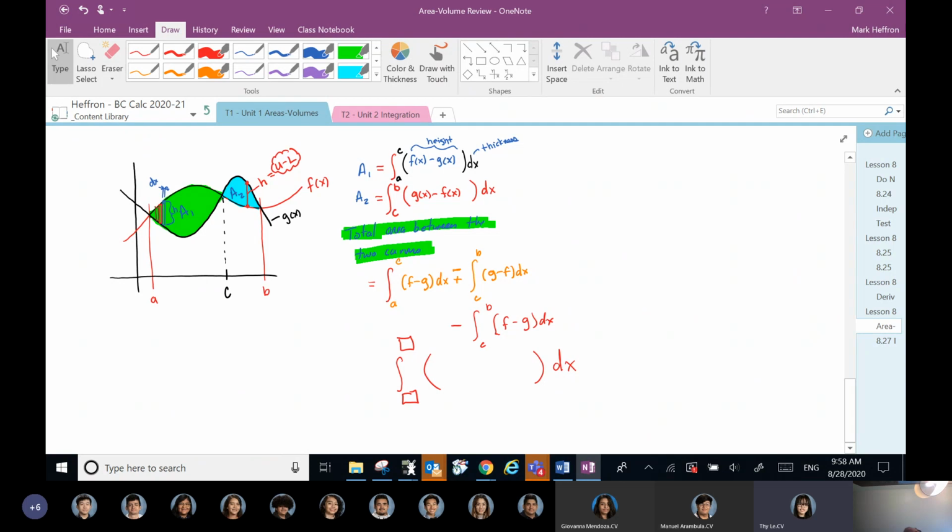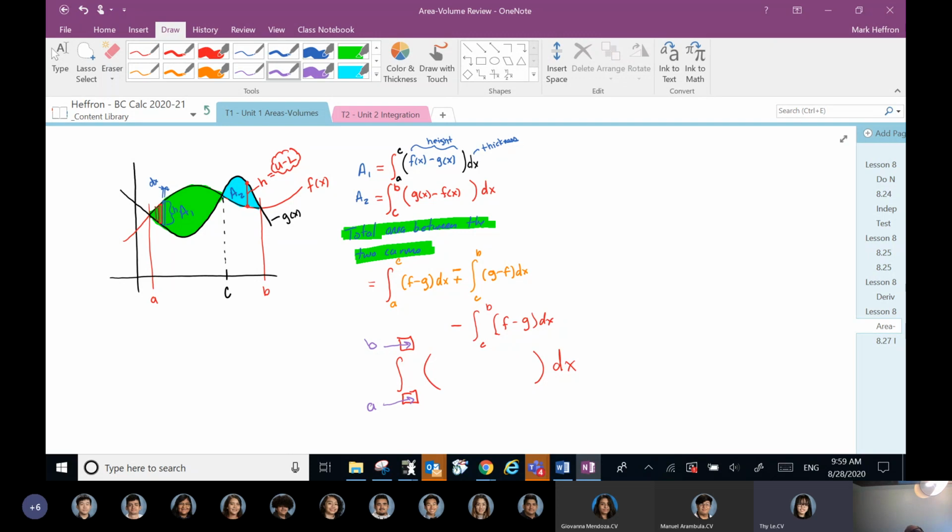I think this is going to be the integral from A to B, and then in the parentheses is going to be A1 plus A2. It's tricky though, because we can only do one integral, right?